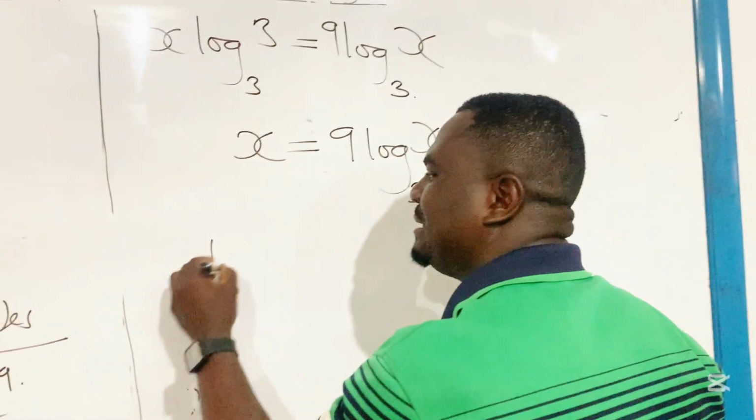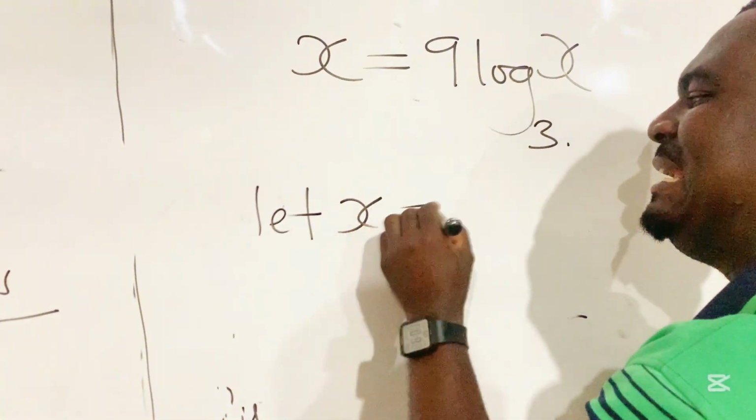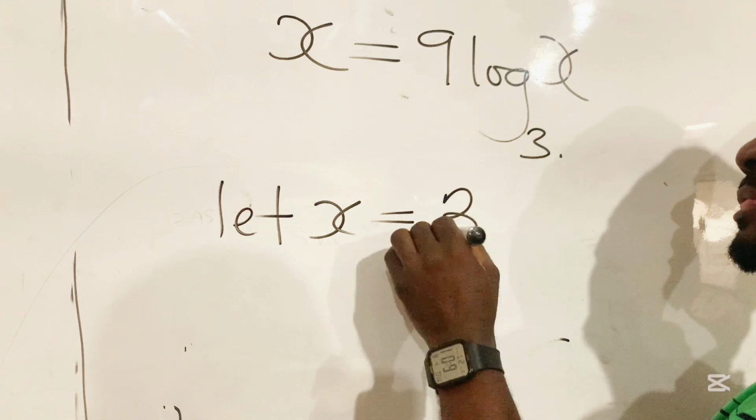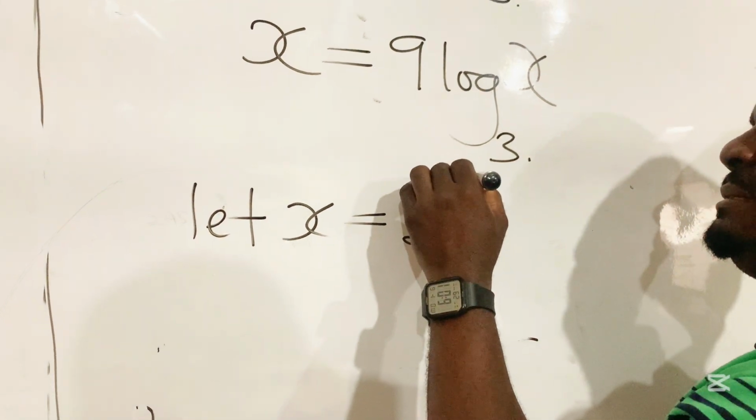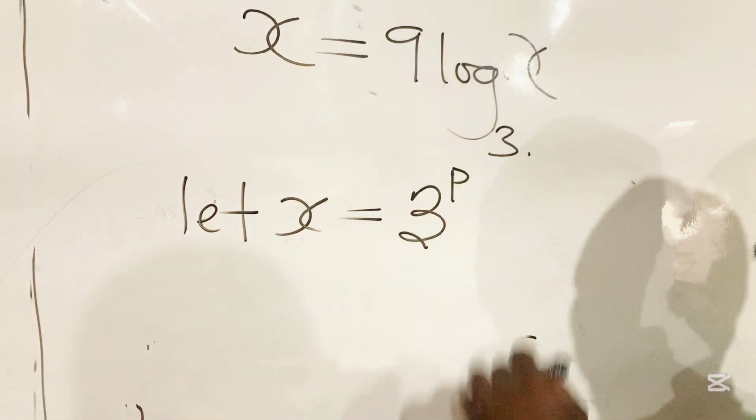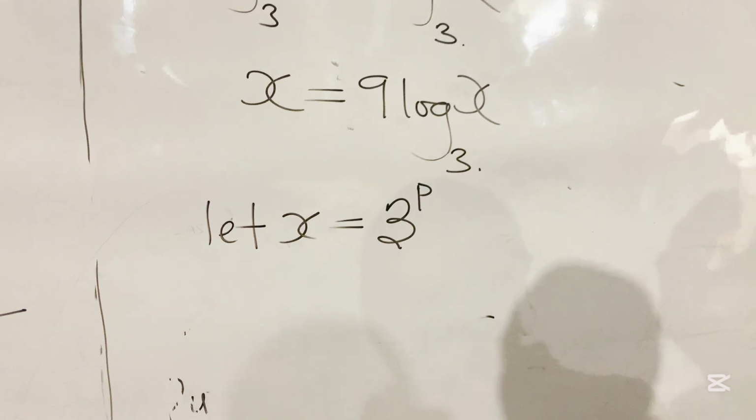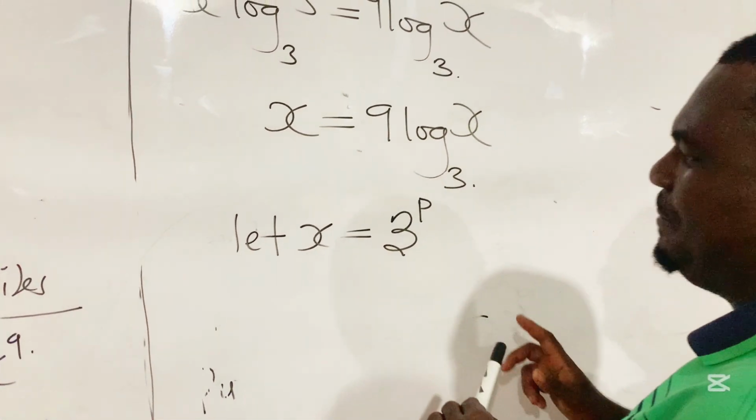So you say that let the x you are seeing be represented by 3 exponent p.